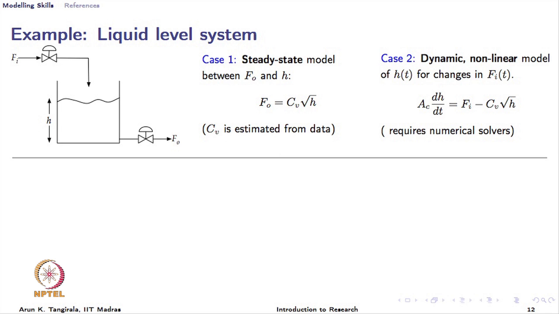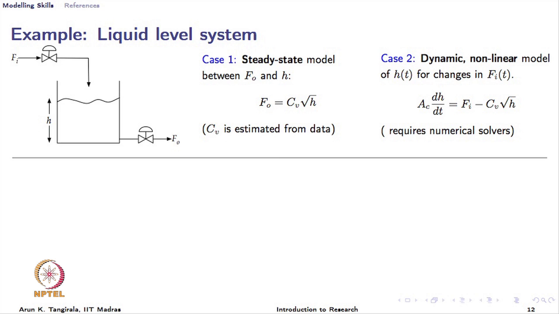Now, we just said eventually I want a dynamic model, that tells me how the liquid level changes not only at steady state, but between two steady states when there is a change in the inlet flow.